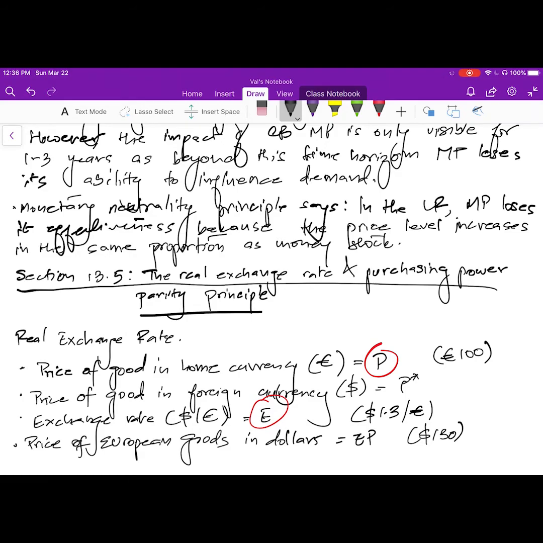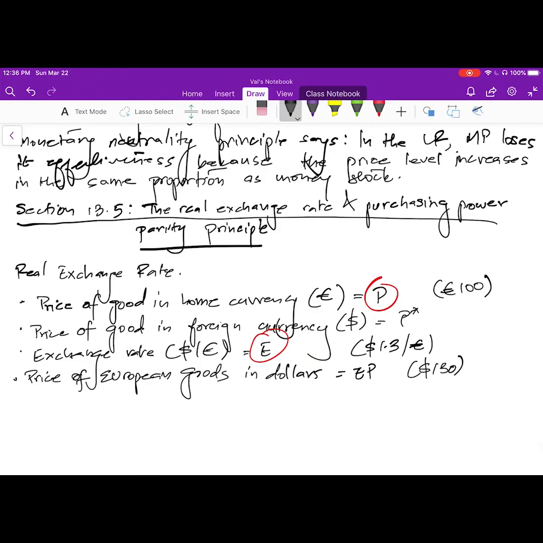So what has this allowed us to do? Converting the price of goods in euros into US dollars has allowed us to compare EP with P star. Remember, P star is the price of goods in US dollars. So we can compare EP, which is the price of European goods in terms of dollars, with the price of the same good, the price of American goods in dollars.